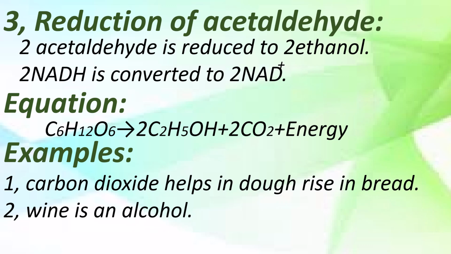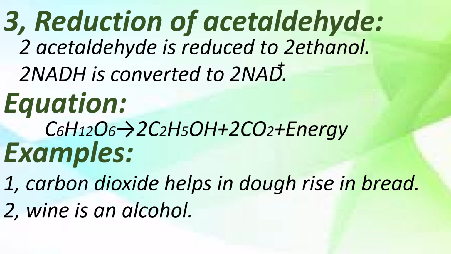So these are three steps. Now the overall equation is C6H12O6, which is glucose, giving us two molecules of ethanol, C2H5OH, plus two molecules of carbon dioxide plus energy in the form of ATP. Examples. Number 1. Carbon dioxide helps in dough rise in bread.